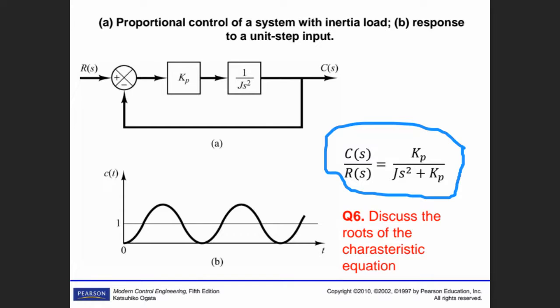Since delta is equal to J s square plus Kp equal to 0, that means J s square is equal to minus Kp.